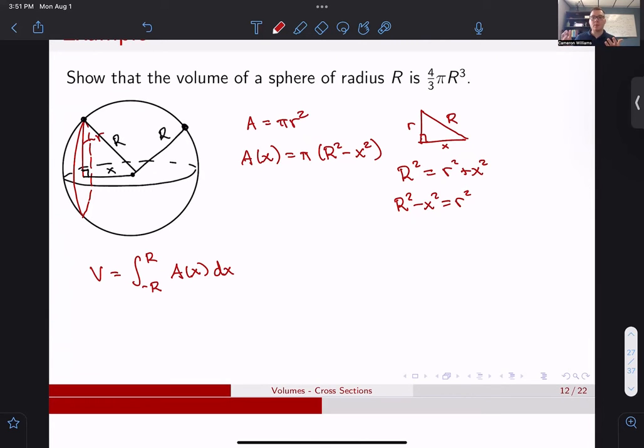So step three, done. And now all we have to do is plug in our area formula and evaluate. So volume is going to be the integral from minus R to big R of pi times big R squared minus x squared dx.